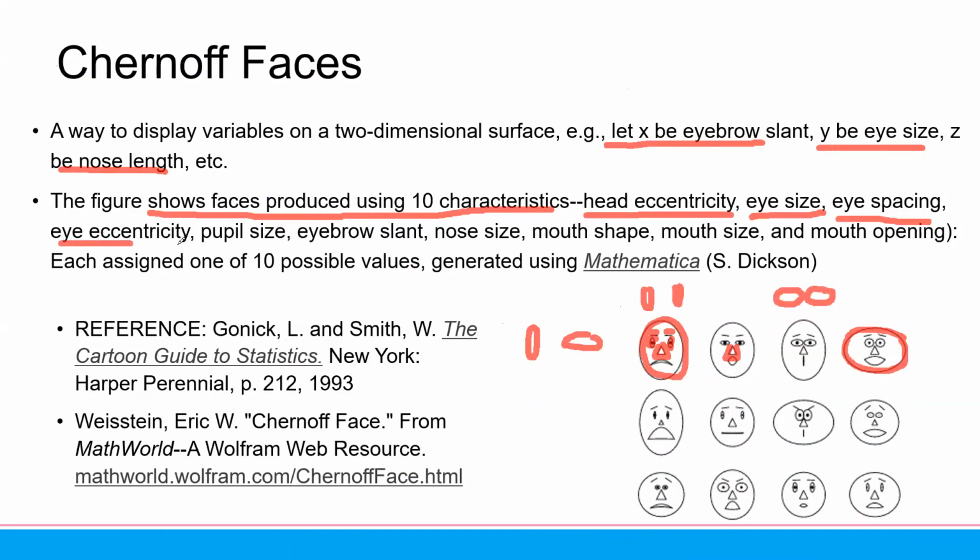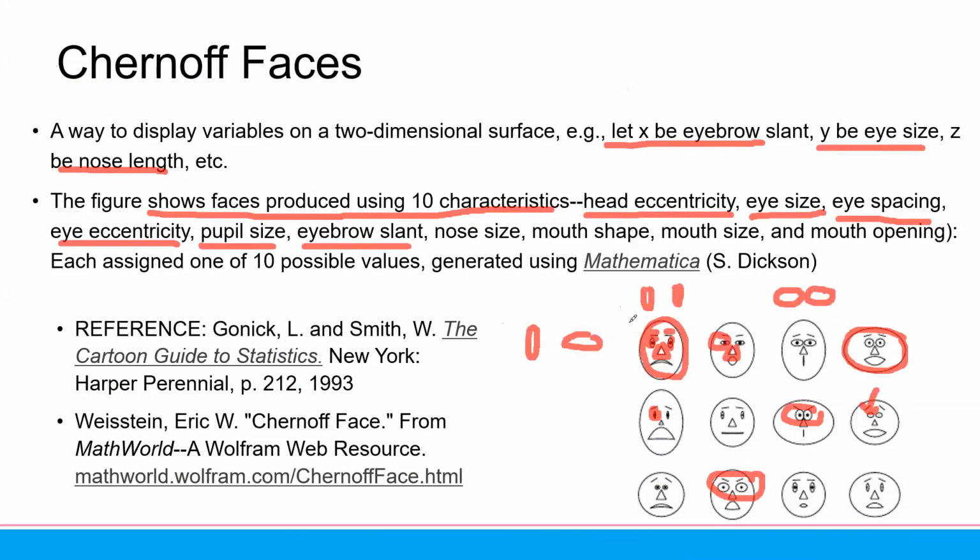Eye eccentricity. So the eye is small like this one, and the eye is big like this one, or the eye is big like this one. So it shows different value. Pupil size. So here is using very small dot, but here pupil is very big because the dot is a little bit black.